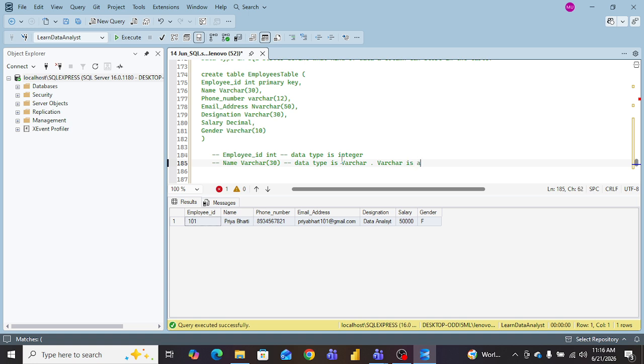Varchar is a string or characters value. And here I mention integer is a numerical value. Same here: email, phone number, the same, right?